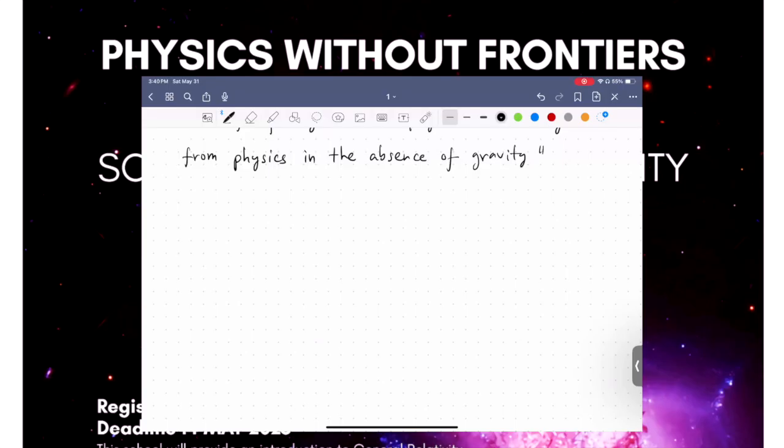So the point is, gravity draws certain special trajectories in space-time.